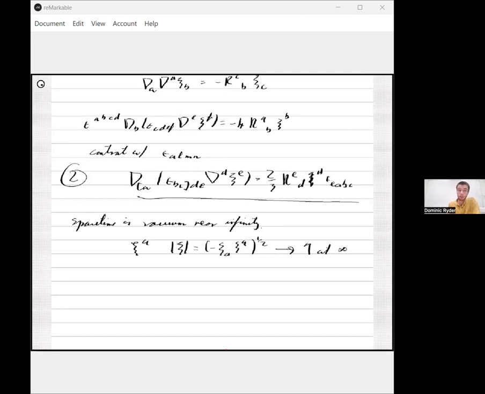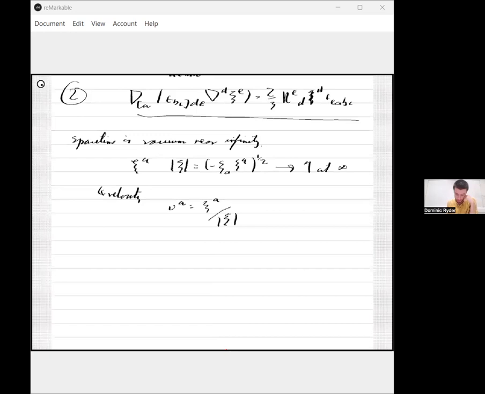Okay, so the forward velocity of a particle on an orbit of xi, i.e. it's a stationary particle, is V^A. I'm aware I'm getting dangerously close to repeating what Bruno did on Wednesday, but I'll continue nonetheless. And so the four-acceleration is just a^B equals V^A nabla_A V^B.